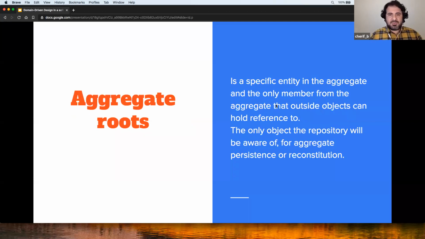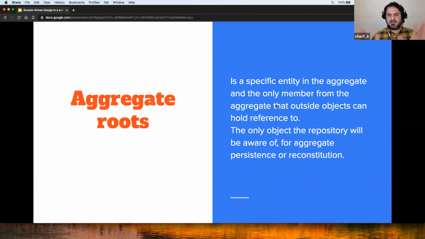So the aggregate root is a specific entity in the aggregate, and is the only member of the aggregate that outside objects can hold a reference to. Like the name says, it is the root of our aggregate.